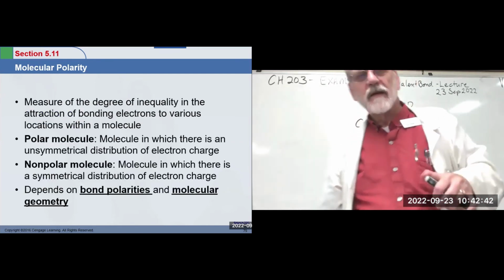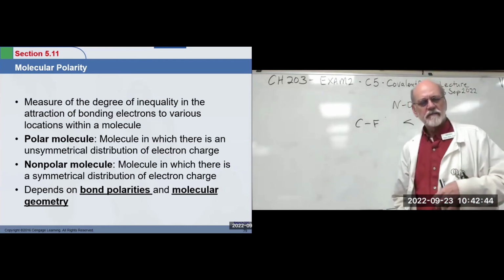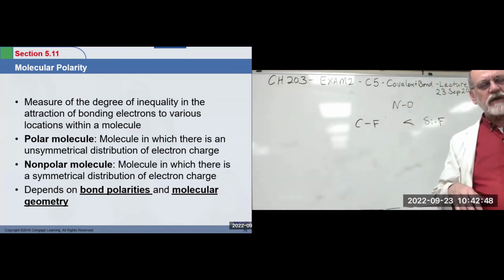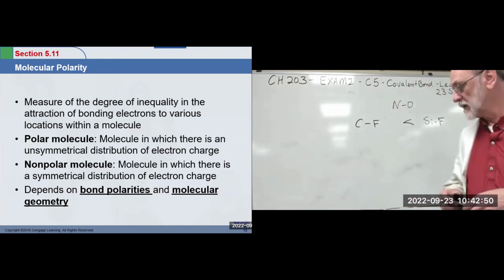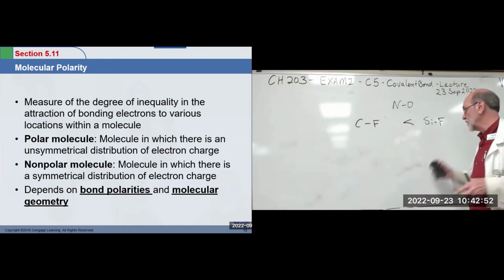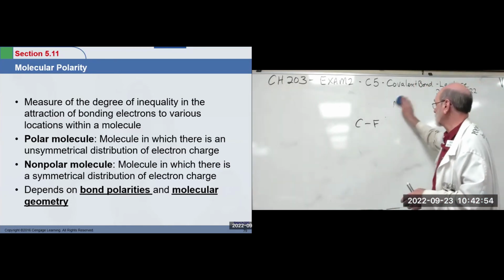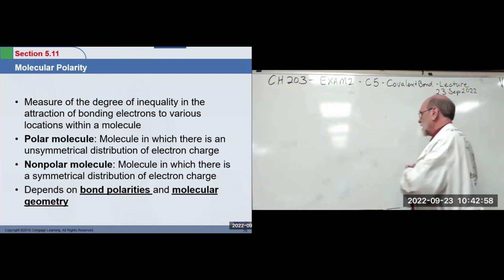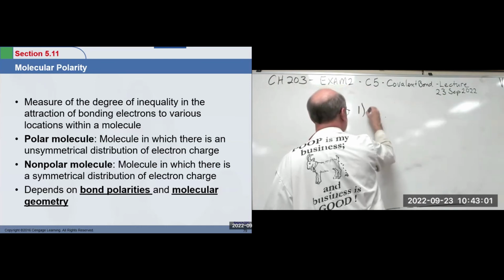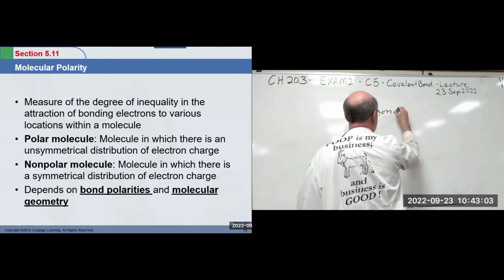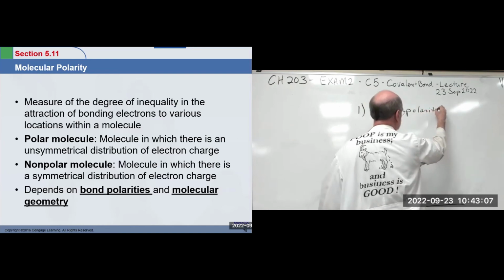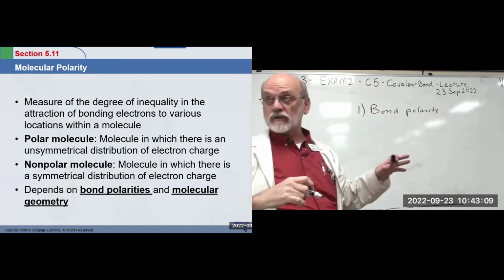Okay. So this topic, I've already described that. How do you determine if a molecule is polar? The entire molecule. You need to know 2 things. You need to know bond polarity of all the bonds in the molecule.